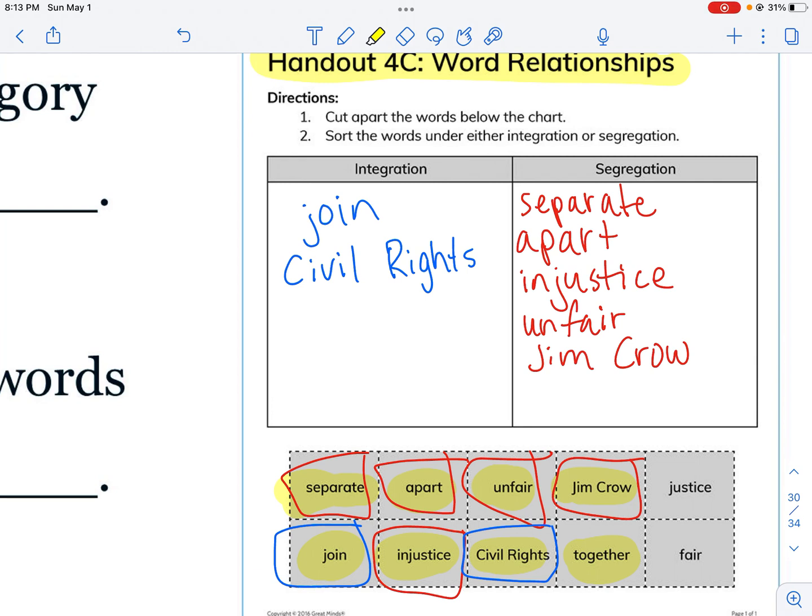Together. Is that integration or segregation? Integration. Bringing people together. Next word is justice. We already had injustice, so where would we put justice? On the opposite side with integration.